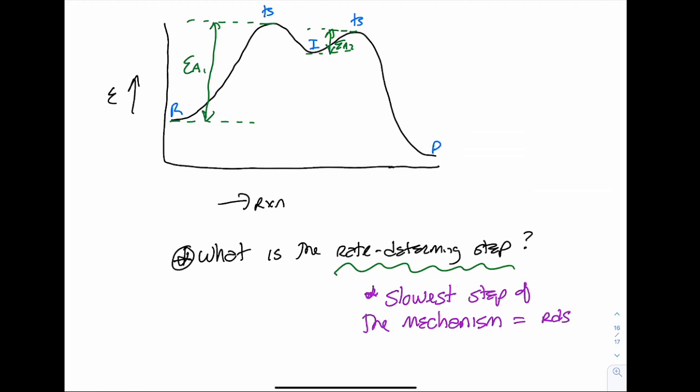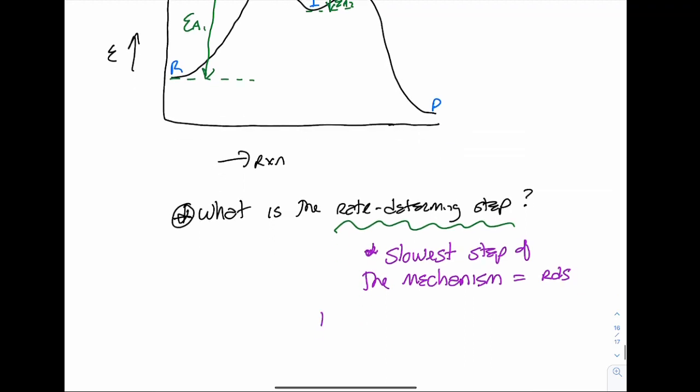RDS is our abbreviation for rate determining step. Remember, the bigger the activation energy, the slower that step is. Because my first activation energy is larger than my second, my first step is slower than my second, so my first step is going to be my rate determining step. So the first one, larger activation energy.